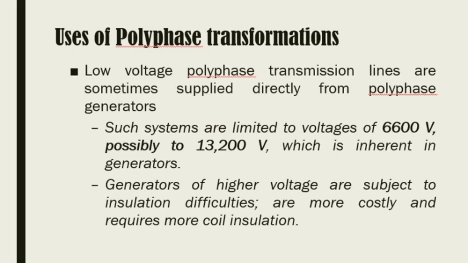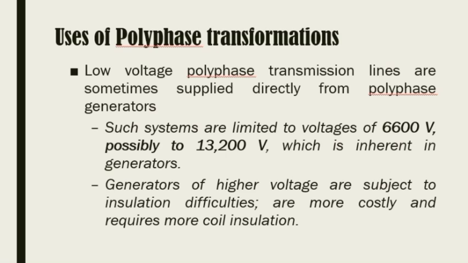According to this, low-voltage polyphase transmission lines are sometimes supplied directly from polyphase generators. Such systems are limited to voltages of 6,600 volts up to 13,200 volts, and that voltage is inherent to the generators.